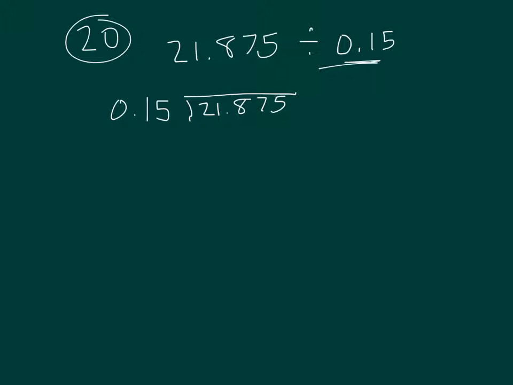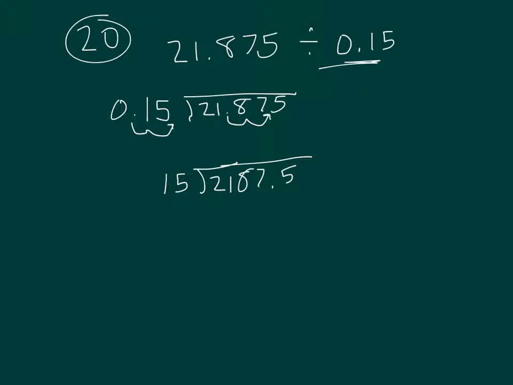So what you need to do is convert this to a whole number by moving the decimal over twice. But to make that fair, you have to do the same thing here. Move the decimal over twice over here. So instead of doing 21.875 divided by 0.15, I'm now going to do that with a 15 and a 2,187.5.